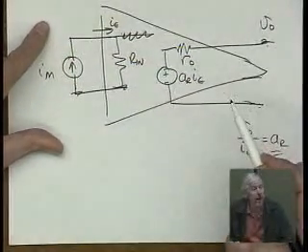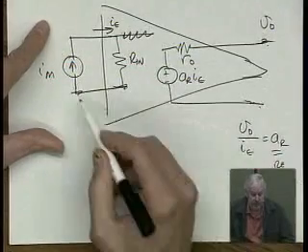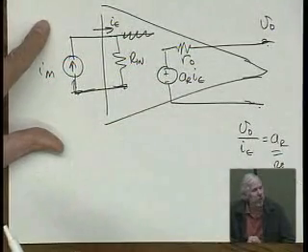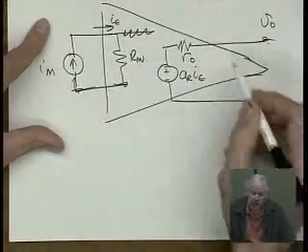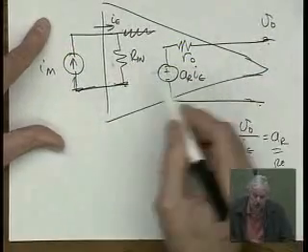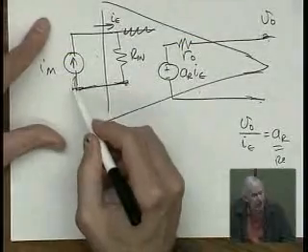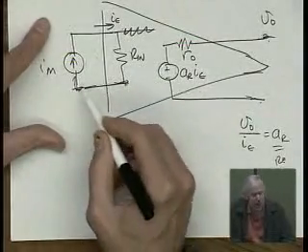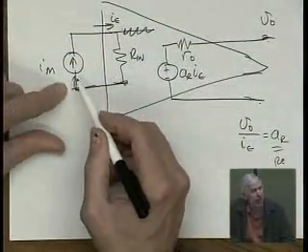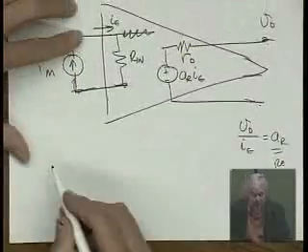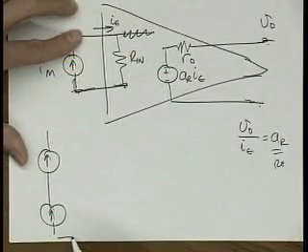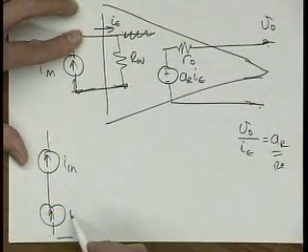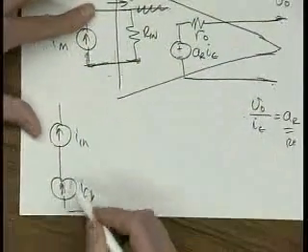So now, how do we do feedback for this circuit? Can we do series feedback? Can we put something in series here? Not really. The current source sets the current, so if I put a feedback in series with it, this is I in, this is I feedback, this doesn't work.